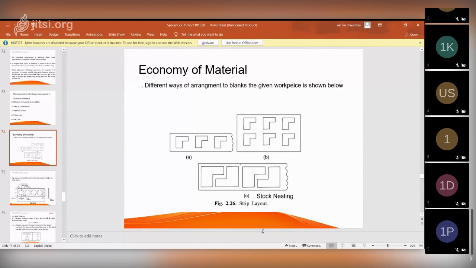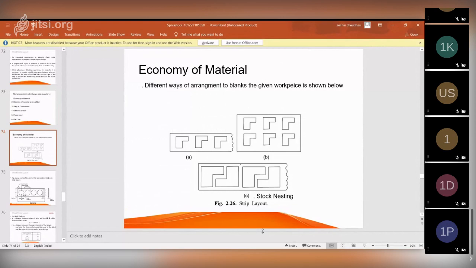So for higher production, the die cost is higher because for higher production you are going to use a hardened steel material, so it obviously increases the cost of your die. And when cutting more than one at a time, particularly when cutting extremely complicated blanks, the shape of your blank is important.